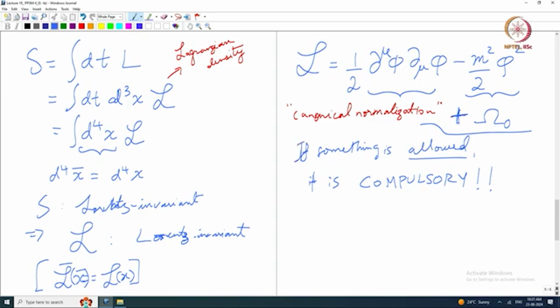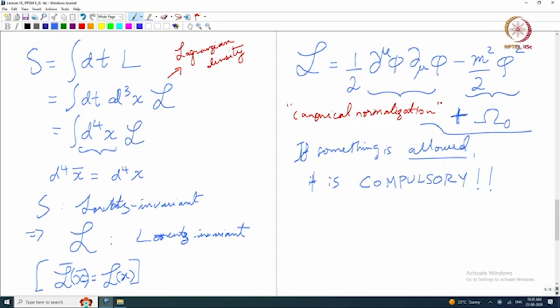Any term that is allowed according to the symmetry requirements, you should write down. Okay, because it will have physical consequences. Okay, because this is more fundamental than the equation of motion itself. Writing down these Lagrangians that you plug into the action, that is an even more fundamental thing than the Klein-Gordon equation, etc., etc.